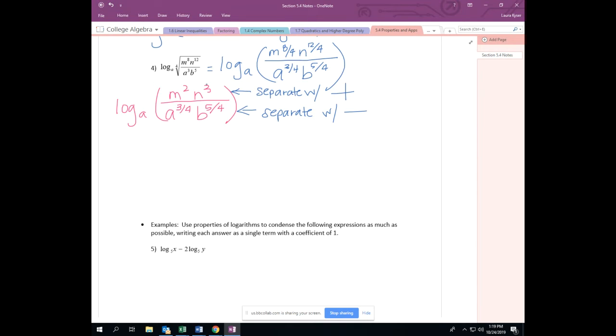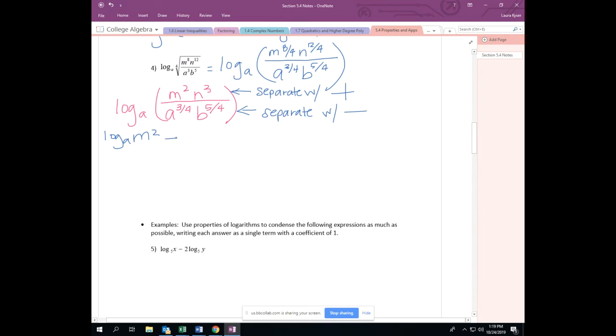I'm going to use the product rule and the quotient rule to expand this thing. And then once it is expanded, I'll see if there's anything that can simplify further. To expand, remember every single piece has to get the log and the appropriate sign to separate. So I'm going to start with log base A of m squared.